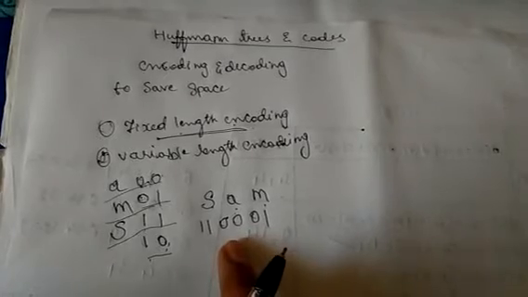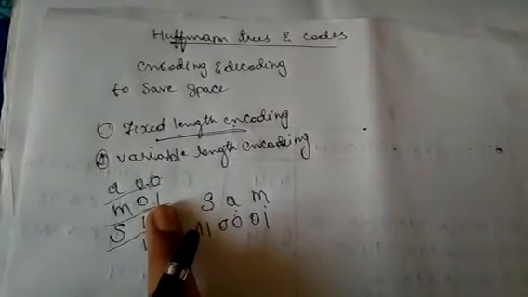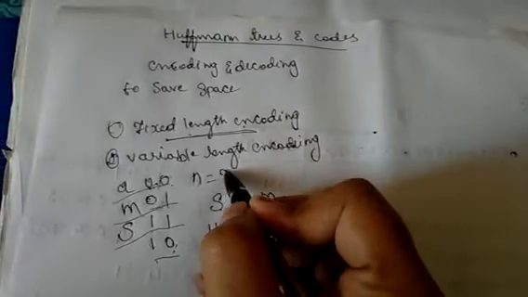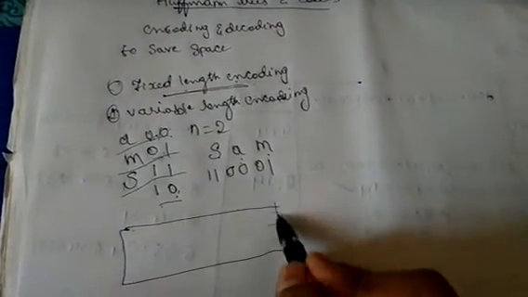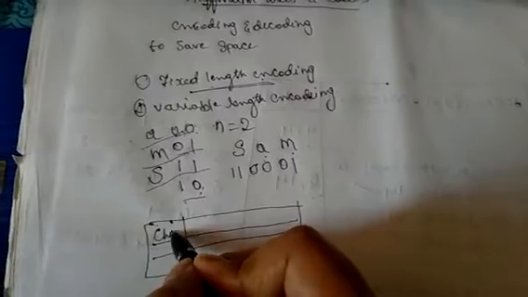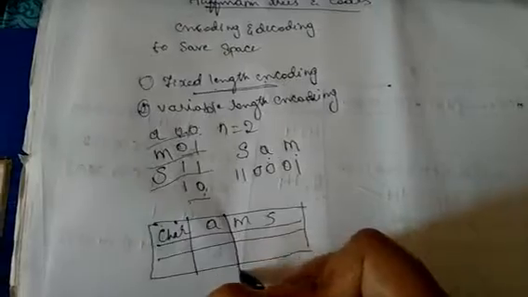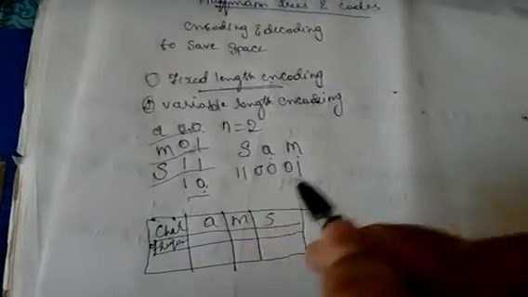This is fixed length. It will always have equal length of bits, and this bit length is given by n. Here n is equal to 2. It will be stored in a tabular form. Here you have a character: first A, then M, then S, and then frequency.